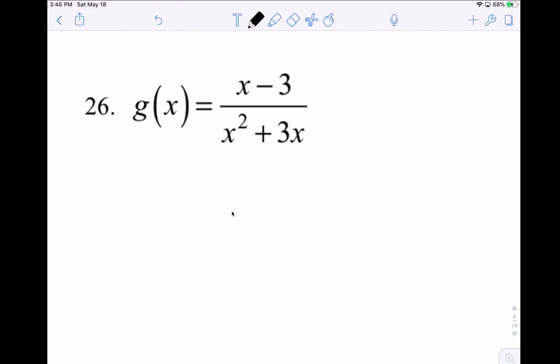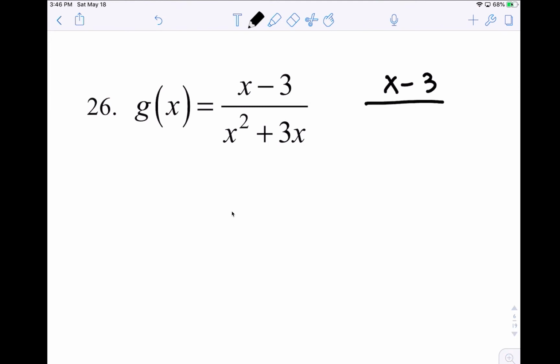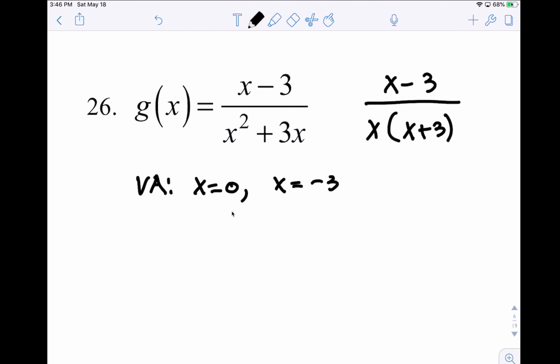Okay, so g of x, I'm going to do the same thing. So I got x minus 3 over x times x plus 3. All right, so nothing cancels, so there's no holes. I have vertical asymptotes at x equals 0 and -3. Horizontal asymptote.